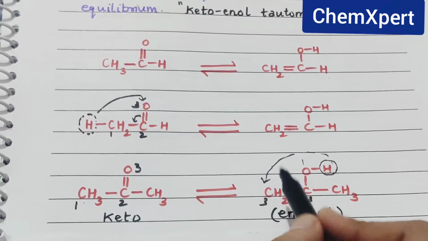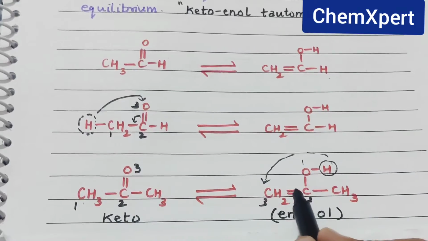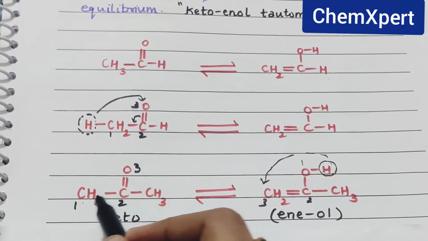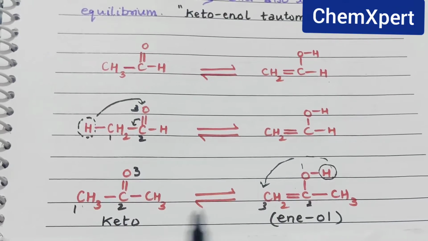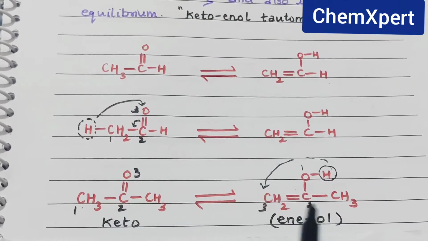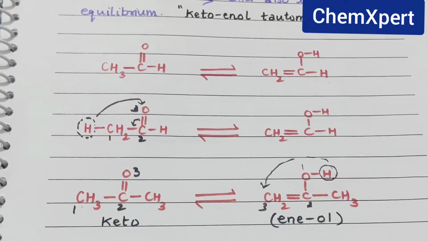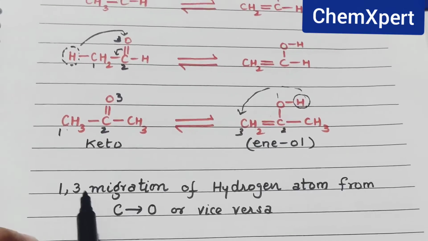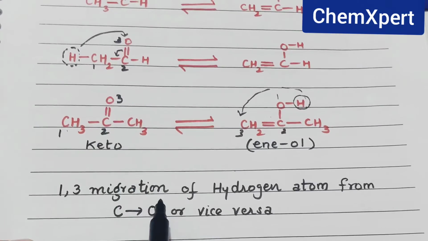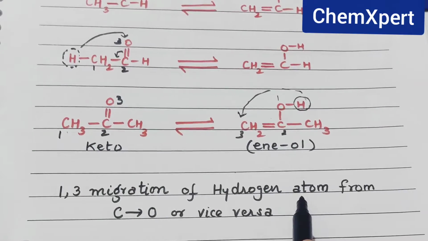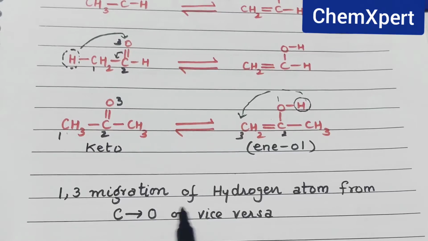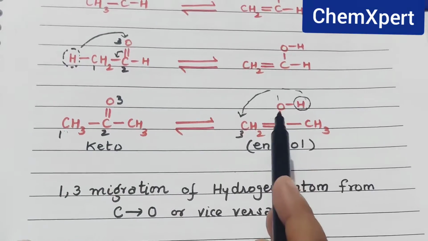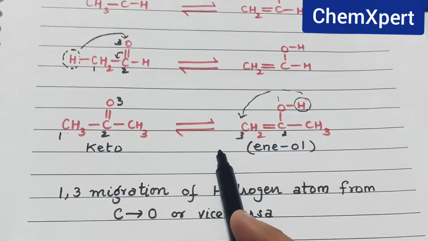So now this will become CH3 and this bond will move towards this side. So a double bond will come. These two things are in dynamic equilibrium. So we can say here 1,3 migration of hydrogen atom from carbon to oxygen, or vice versa.